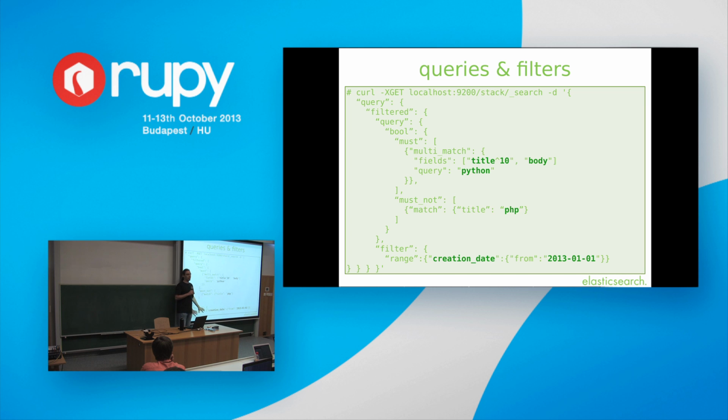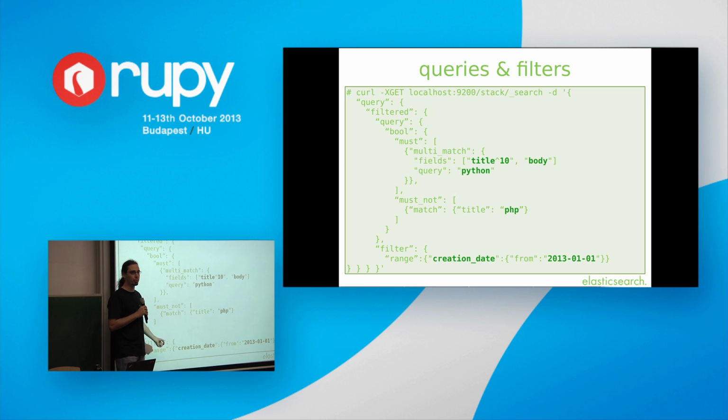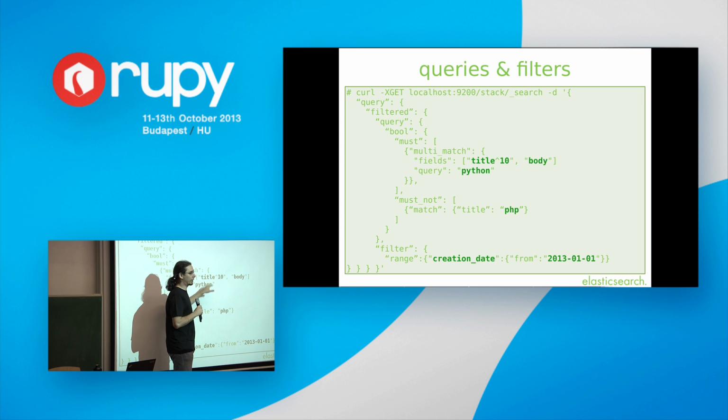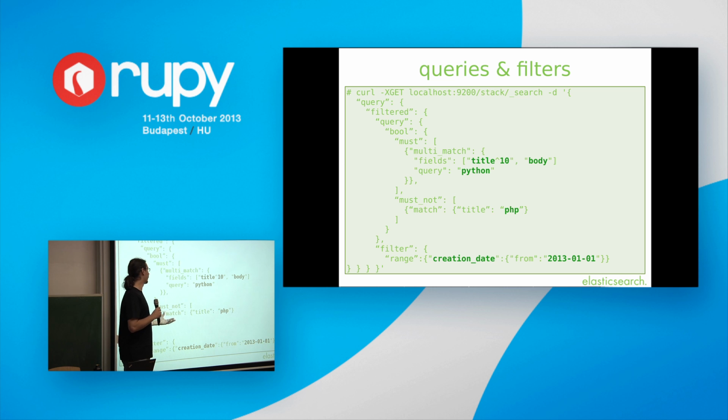So if you use individual filters in more than one query, you will get a very significant performance boost. Even if the filter is just part of a more complex filter, its cache will still be reused, and it doesn't contribute to the score. Whereas queries also limit the result set, but also give you the information how well a document matches. Not just whether it matches or not, but how well.